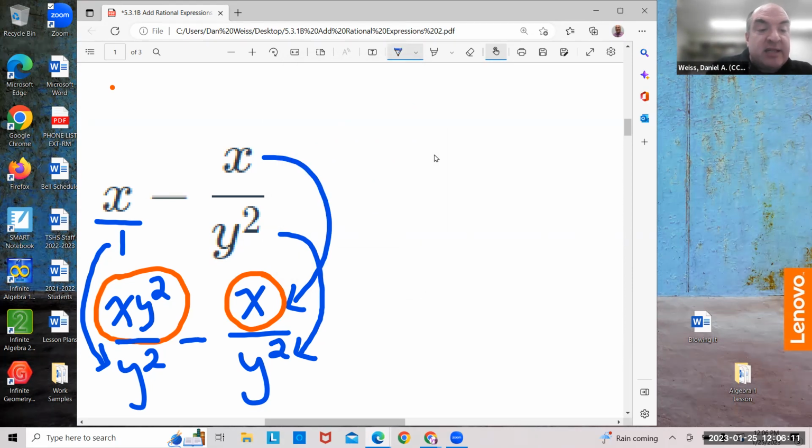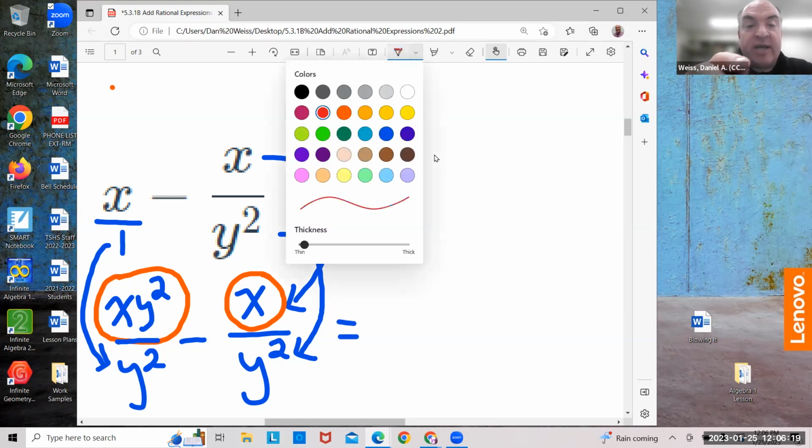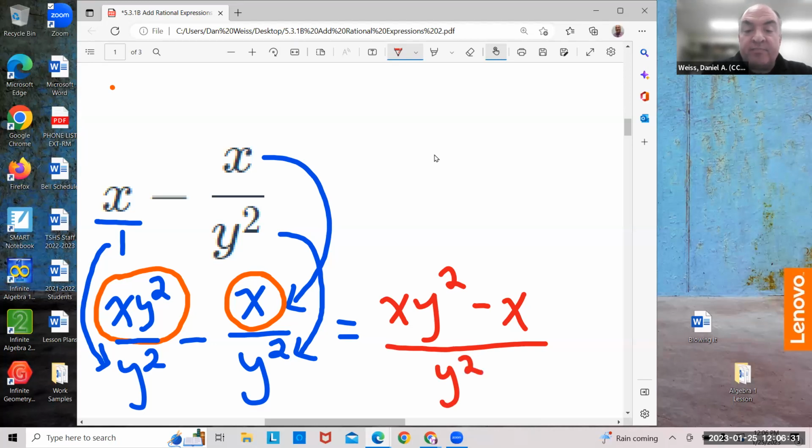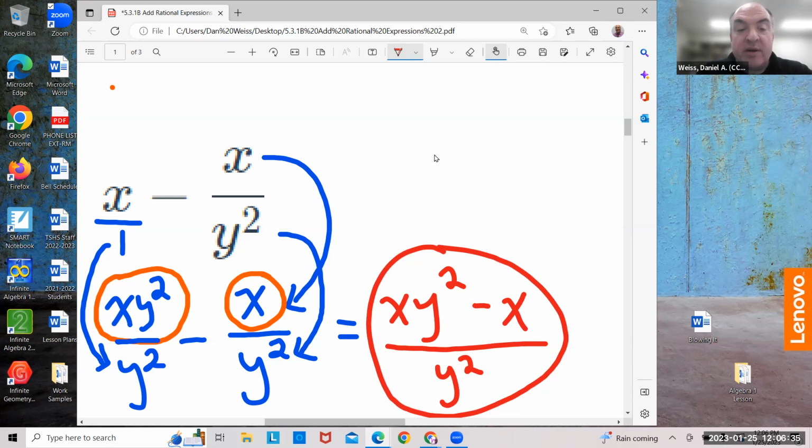No, these are not like terms. So all you have to do is write x y squared minus x, all over y squared. You're done. That's all you have to do.